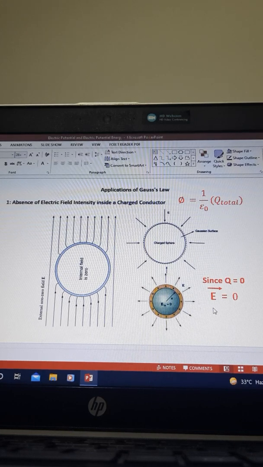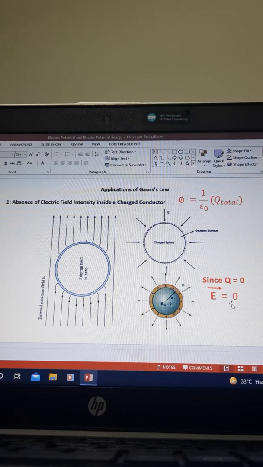As a result, we received Gauss's law as electric field is zero because the charge inside the charged conductor is actually zero. This is valid for the interior of a conductor. So this Gauss's law is modified as electric field is zero for a charged conductor, and this was the first application of Gauss's law.